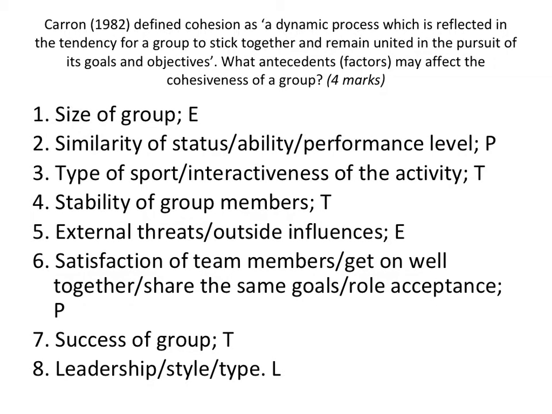So here's a question around Carron's model. When it says antecedents, it gives you factors in brackets. An antecedent is something that affects something. So you can see that we've got quite a lot of the examples that we've just talked about, from the size of the group, from environment.